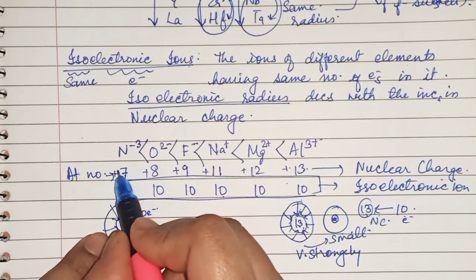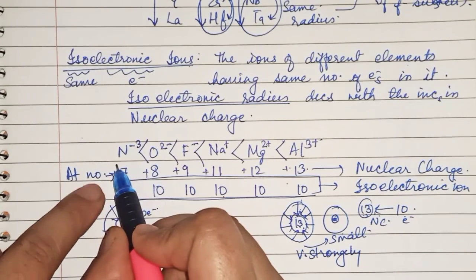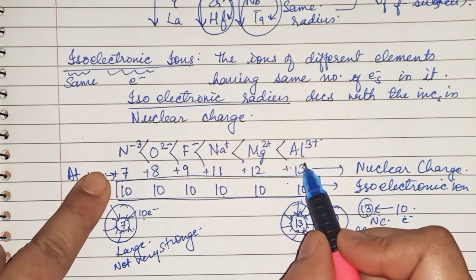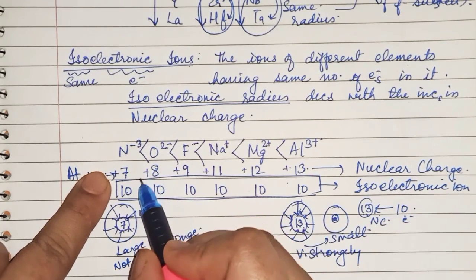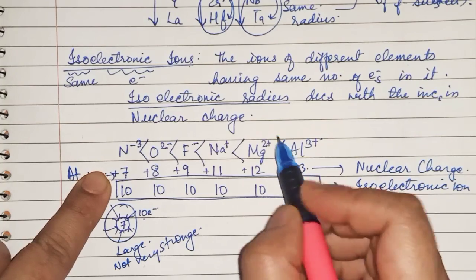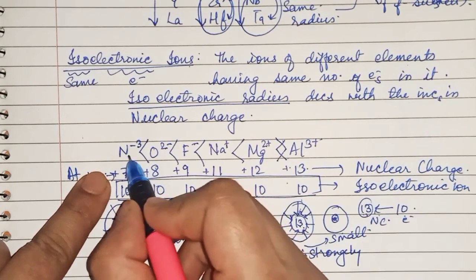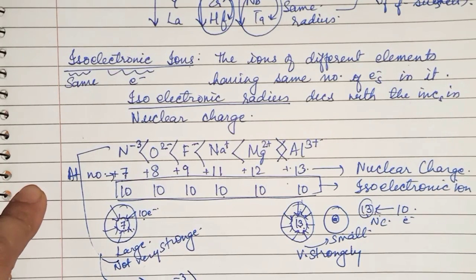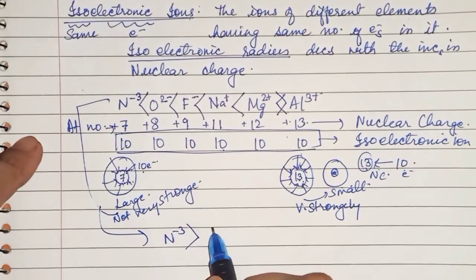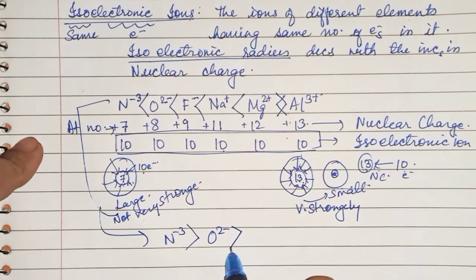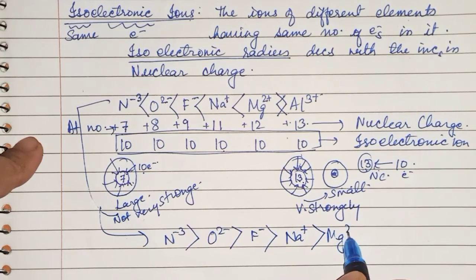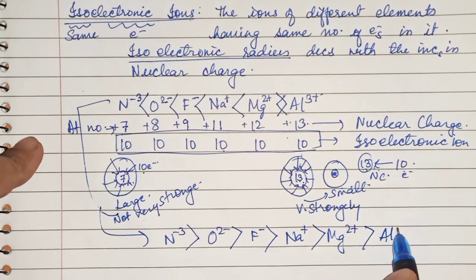So whenever you are moving from left to right, the size of the ions of these atoms will go like this. So I am writing it again. N3- will be the largest one, then O2-, F-, Na+, Mg2+, then Al3+.